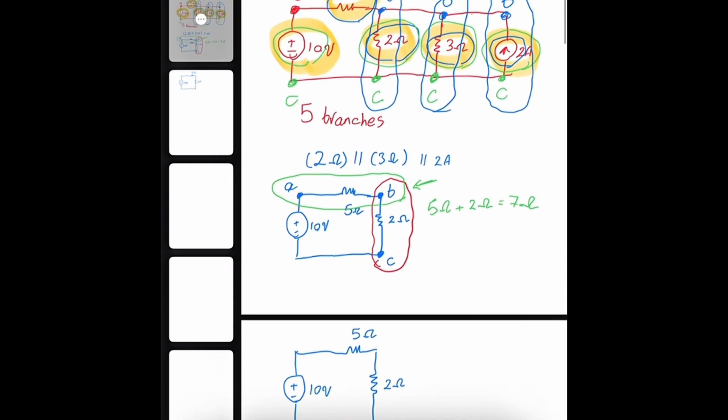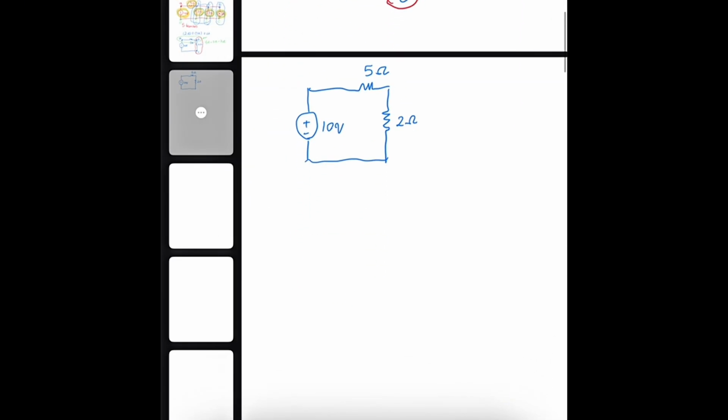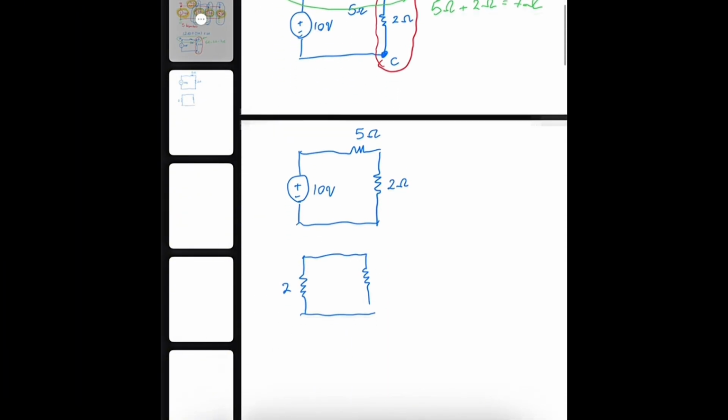Then the other loop can be the second loop over here. That means the 2 ohm resistor with the 3 ohm resistor.